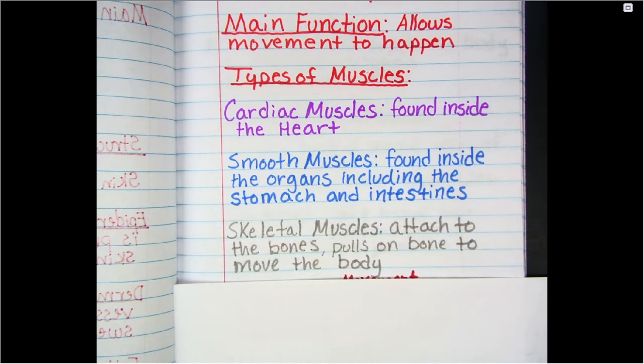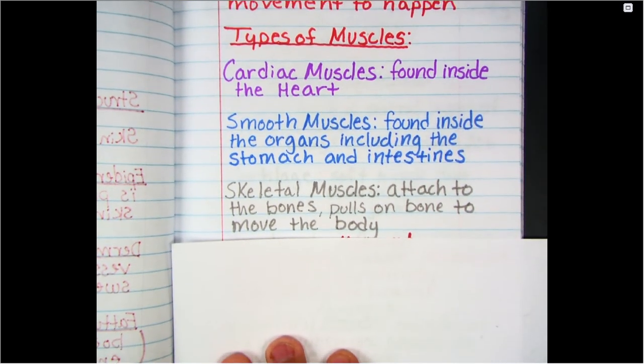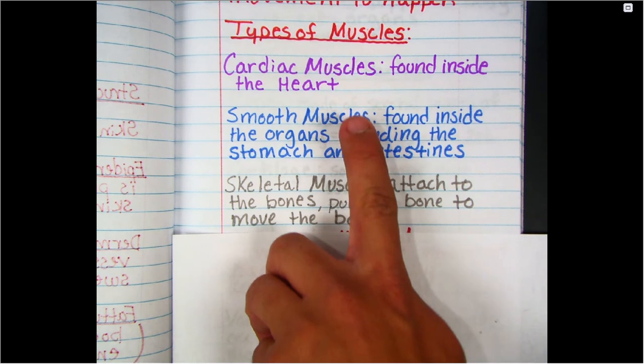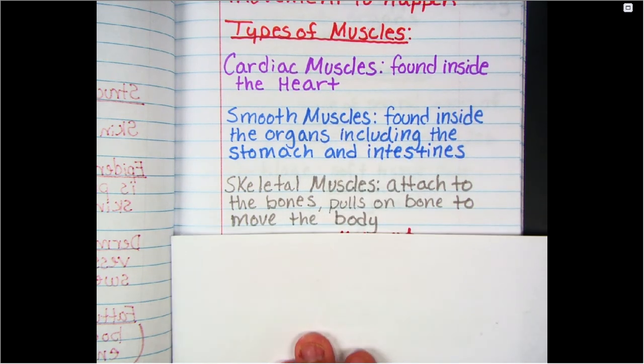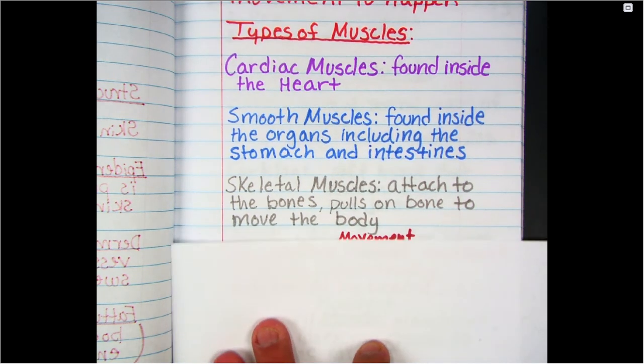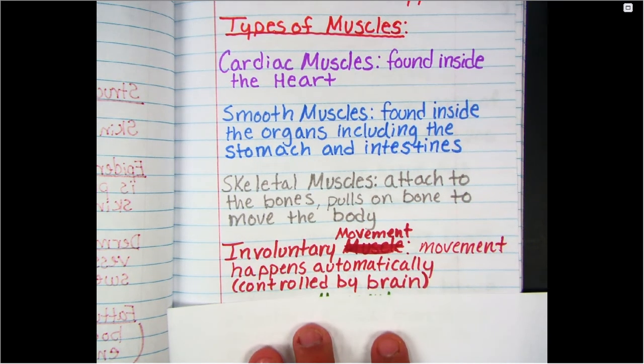Then you have your skeletal muscle. This is a muscle that is attached to your bones. The muscle pulls on your bone, and that's what allows you to move your body. Now, the first two types fall under involuntary movements, which means they just happen automatically.